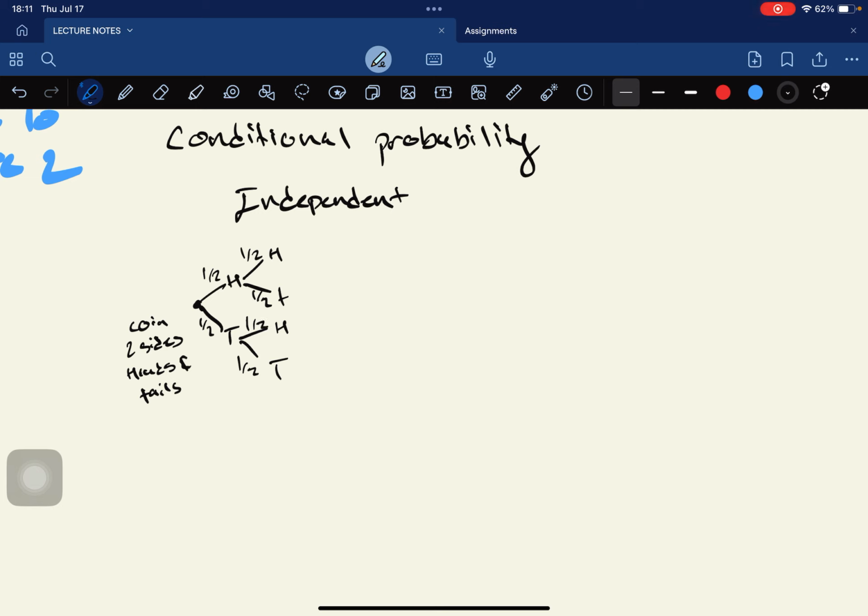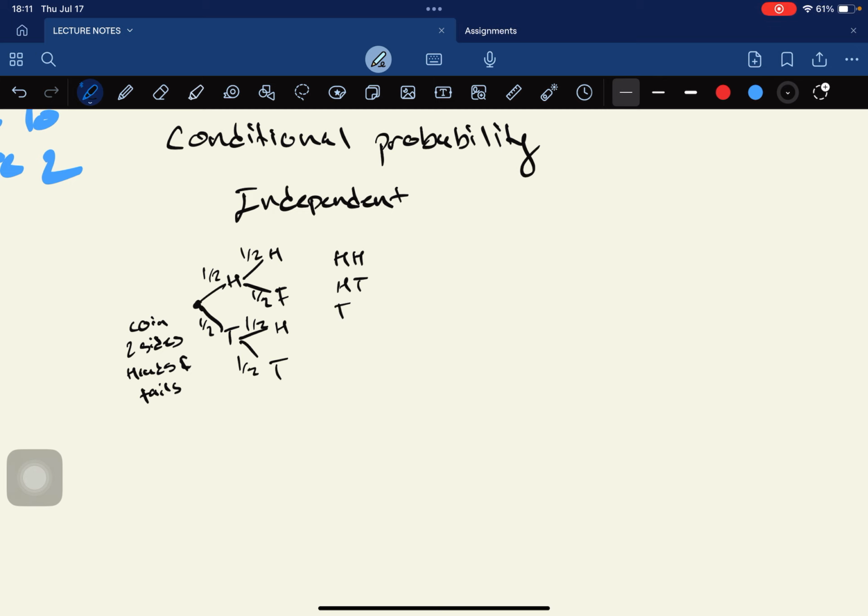So this explains that, let's say you toss a coin twice. These are the different possibilities you can get, right? For example, heads, heads, or heads and then tails, or tails and then heads.